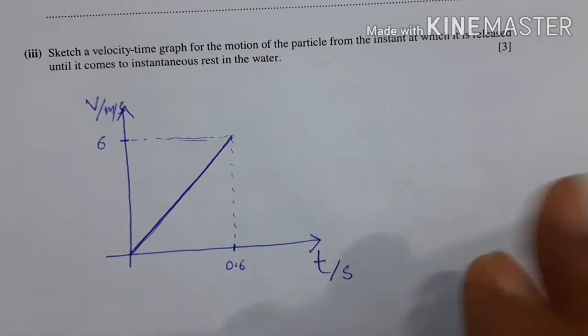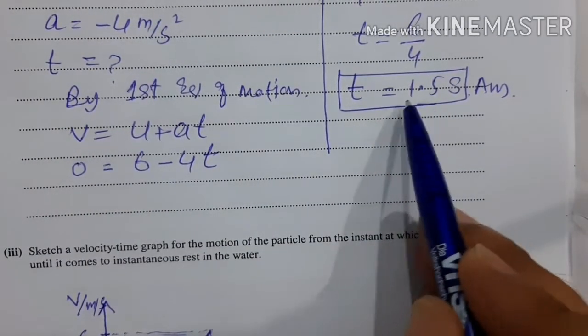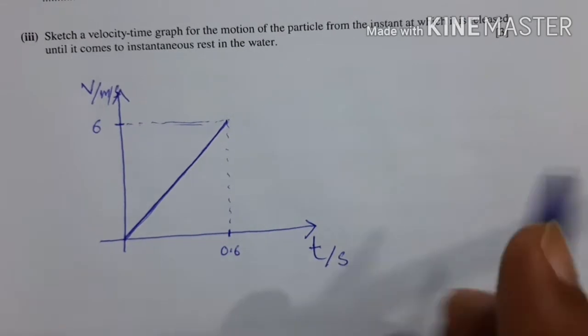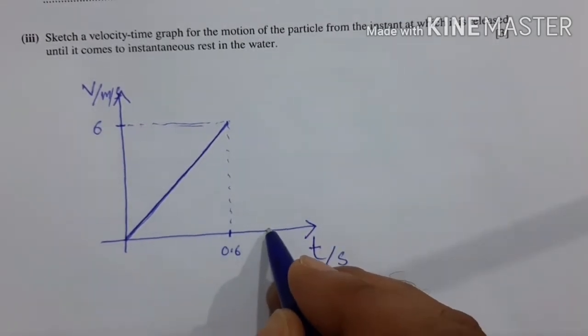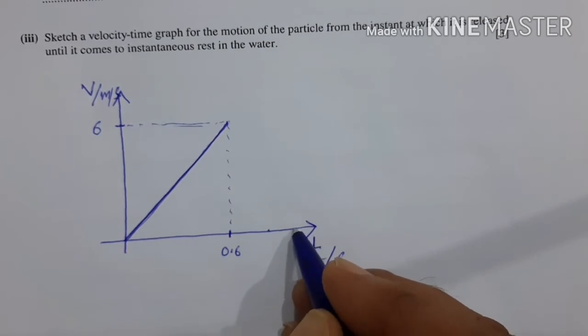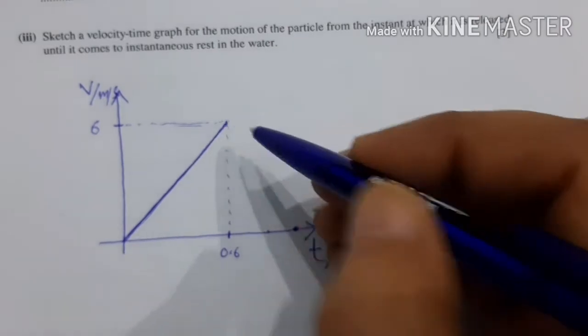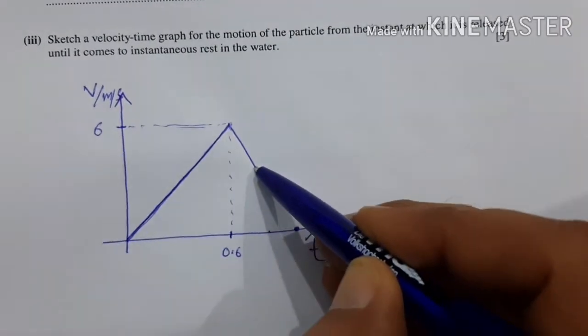For this, the particle took 1.5 seconds from the surface of the water to come to instantaneous rest. Rest means the graph will touch the x-axis. So this will be like this one.